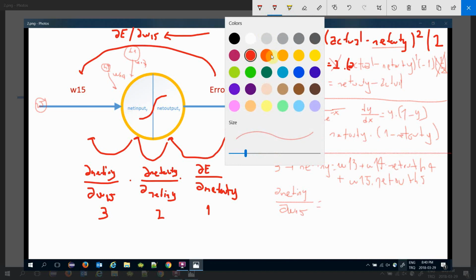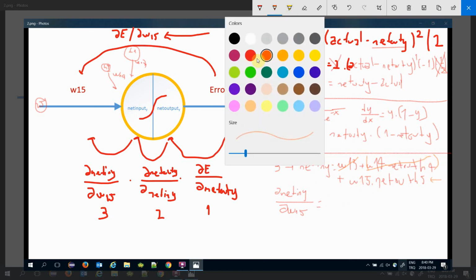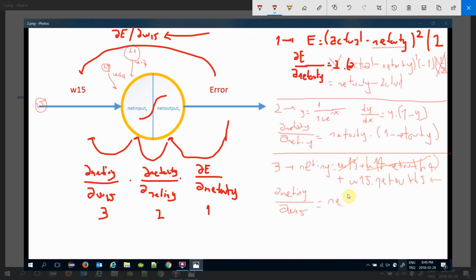The derivative of this term is 0. After that, the derivative of this term would be 0 too, because they don't depend on W15, but this term depends on W15. That's why the derivative of this term would be net output H5.